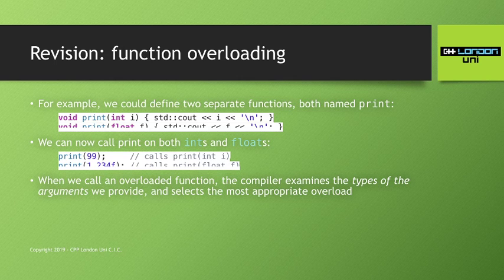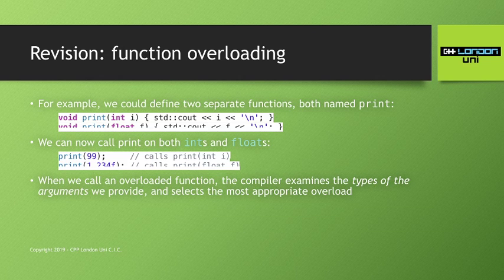But actually, they don't have to match exactly. The compiler will try various conversions. So for example, if we call print with a double, well, a double is neither an int nor a float. So the compiler is going to look at these two overloads of print and try to decide which one is the best match for a double.